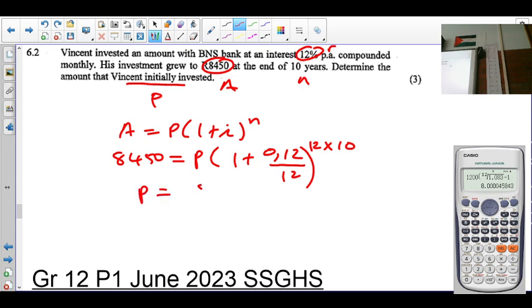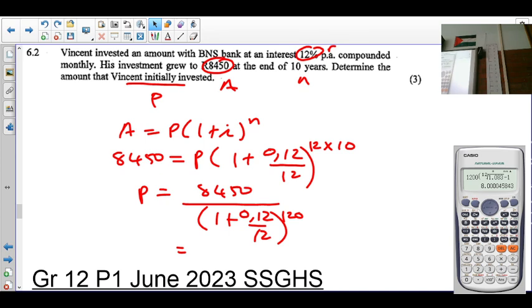So P of course is equal to 8450 over (1 plus 0,12 over 12) to the exponent 120. That gives you an answer of 2,560 Rand and 31 cents.